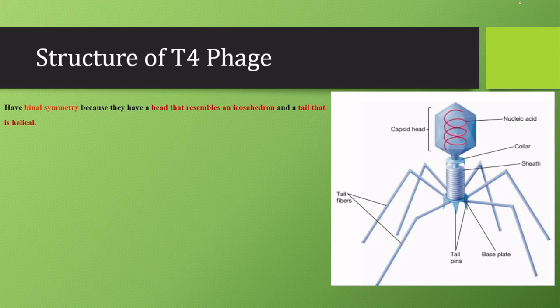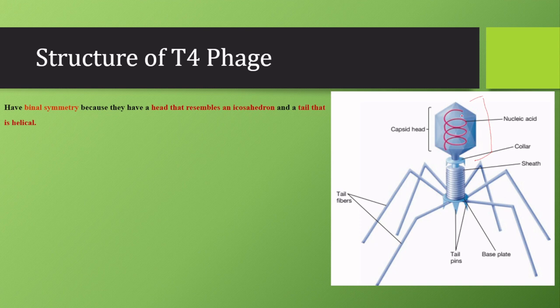First is the binal symmetry. This T4 phage has a binal symmetry because it has a head which is like an icosahedron. So here we can see this particular structure. This is the head and it resembles an icosahedron.